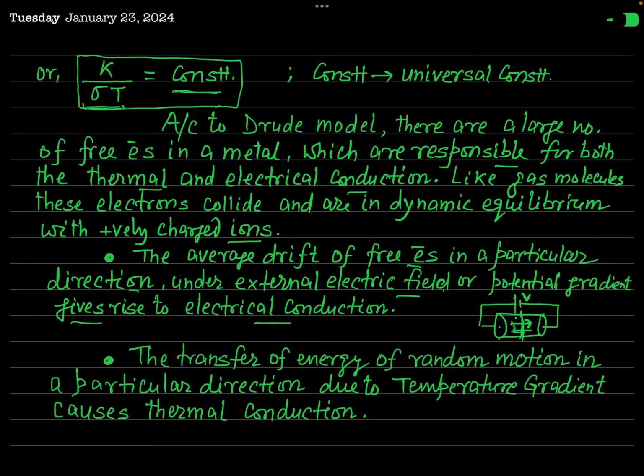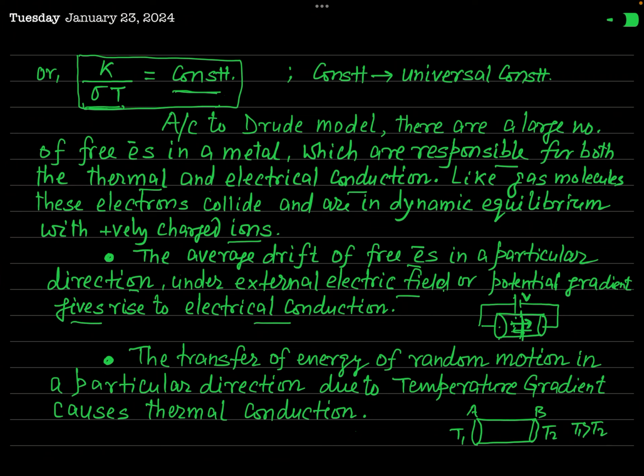Similarly, if there is a conductor, let us say this, and you set up a temperature gradient, let us say end A of the conductor is at temperature T1 and B is at temperature T2, and T1 is greater than T2.